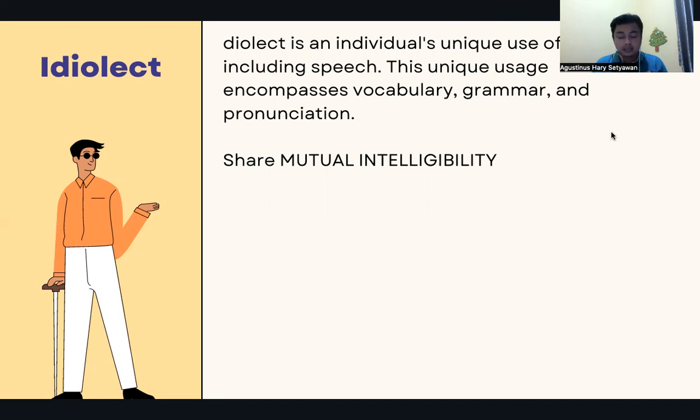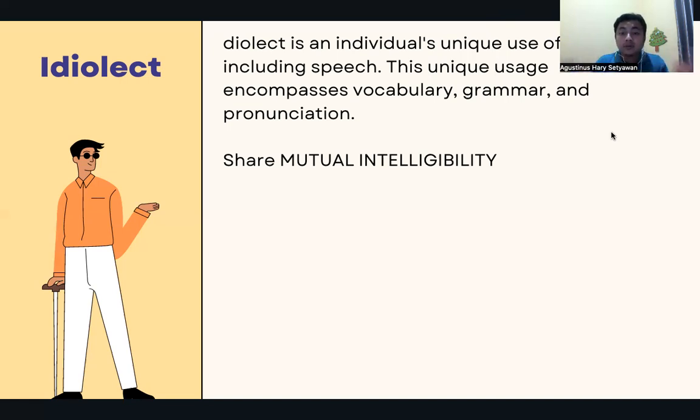That's why, when we learn about idiolect, dialect, and language in the previous materials, there is mutual intelligibility, knowing each other: whether dialect A, dialect B, or dialect C, they can understand each other in some parts, or they do not understand the other.